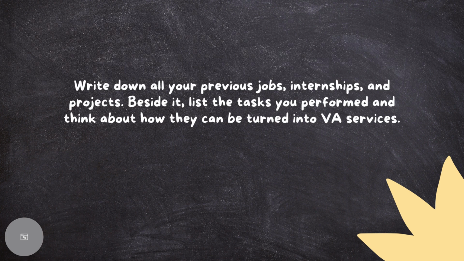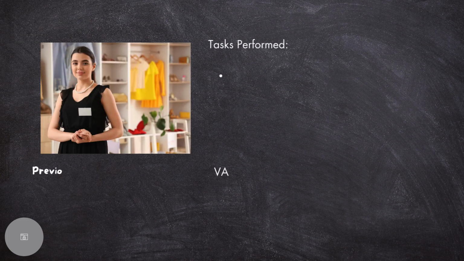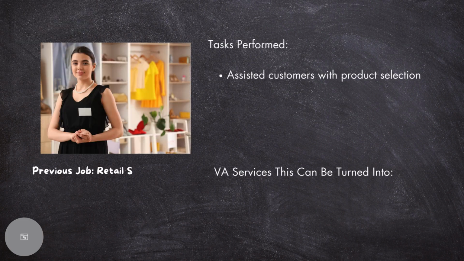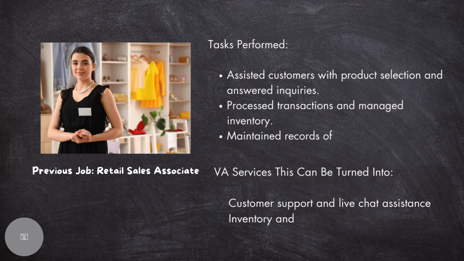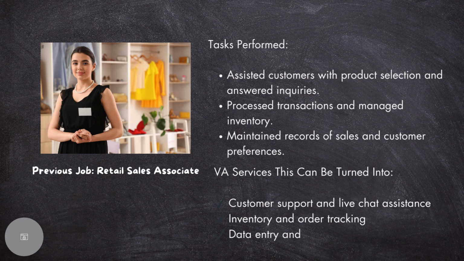Here are some of the examples. So, for previous job, for example, you are a retail service associate, and the tasks you performed were assisted customers with product selection and answered inquiries, and then you also processed transactions and managed inventory, and then you maintained records of sales and customer preferences.